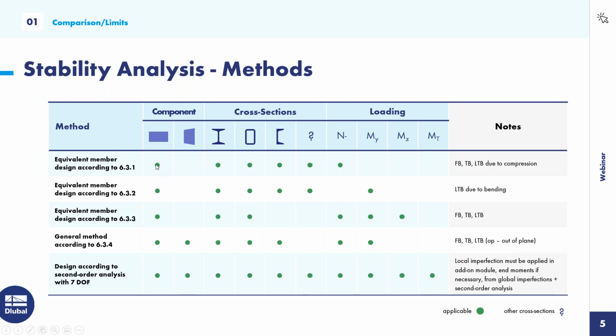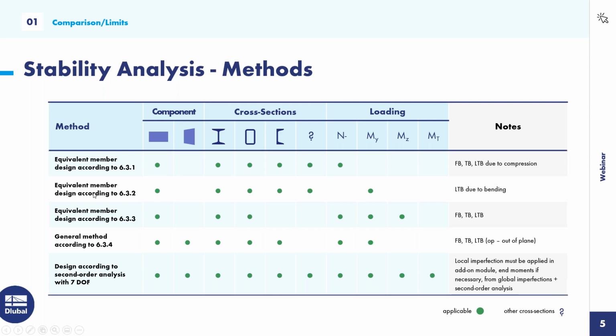It's necessary that the component is uniform. You can design all cross sections, but the load can only be compression. An example would be a hinged column or a compression member.